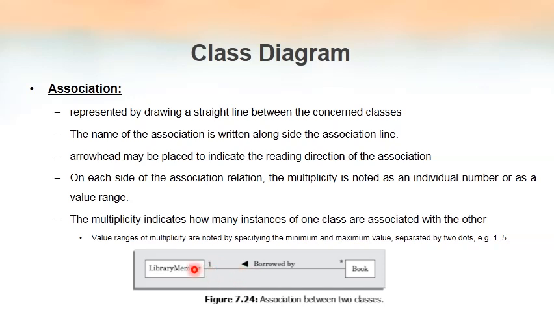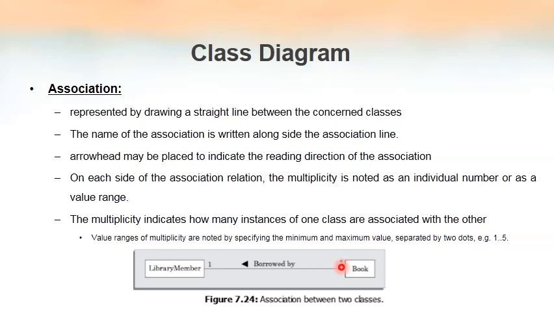If we know the value of this multiplicity, the number of books, say we are designing a library management system, and in that each library member can borrow a maximum of 5 books, then instead of star we can write 1 double dot 5.